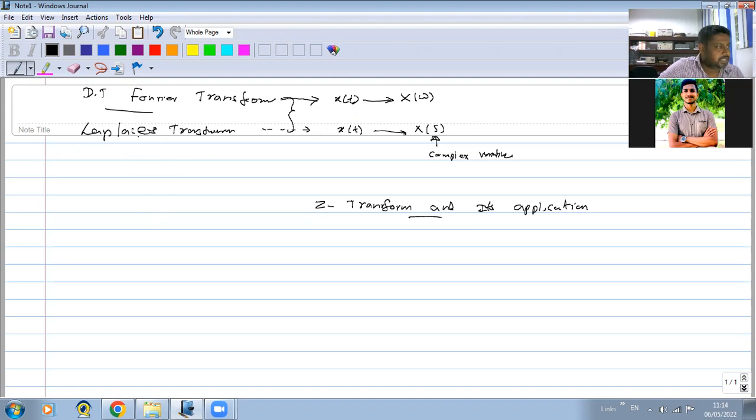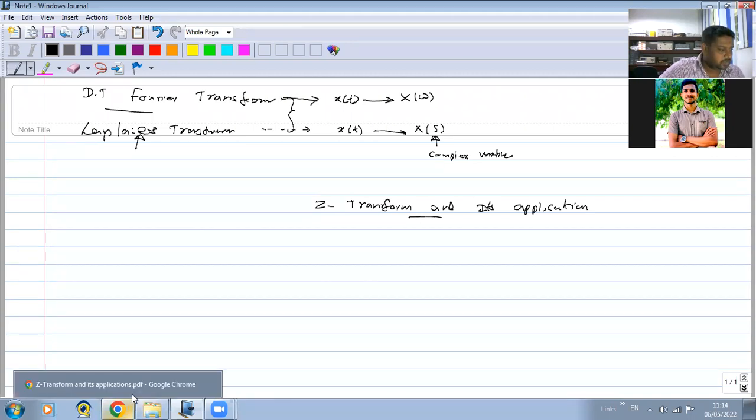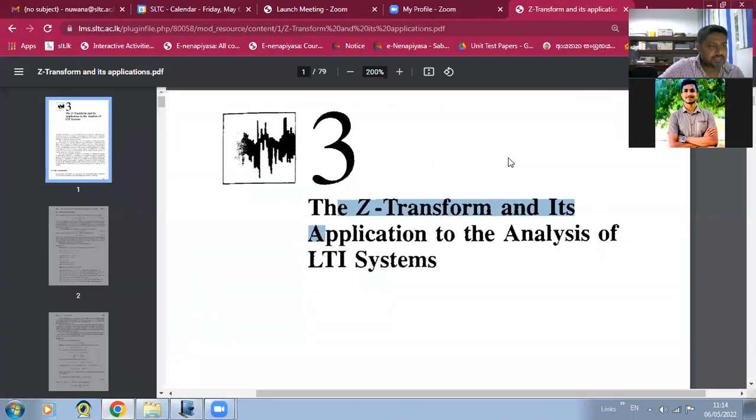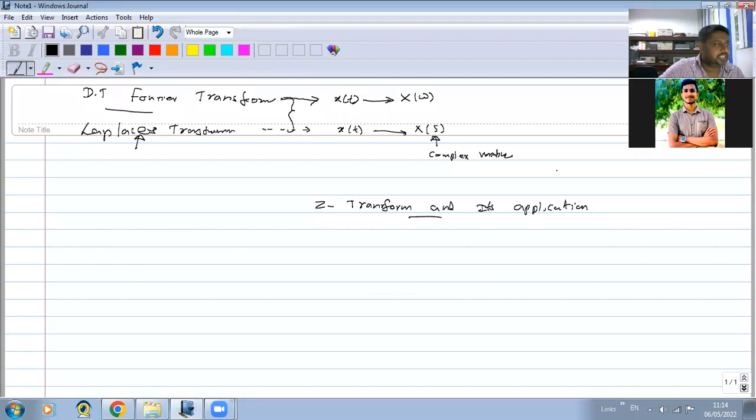If you can remember, we use the Laplace transform for continuous time signals, and for discrete time signals, we use the Z transform.